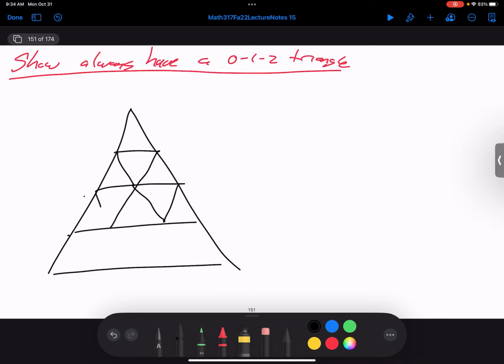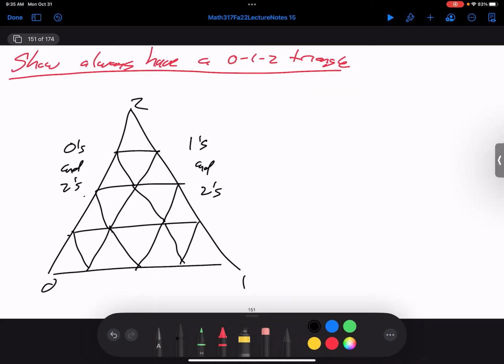And again, it doesn't have to be cut like this. This is just a picture that I can somewhat draw with my limited artistic abilities. And so these are 1s and 2s. These are 0s and 2s. These are 0s and 1s.